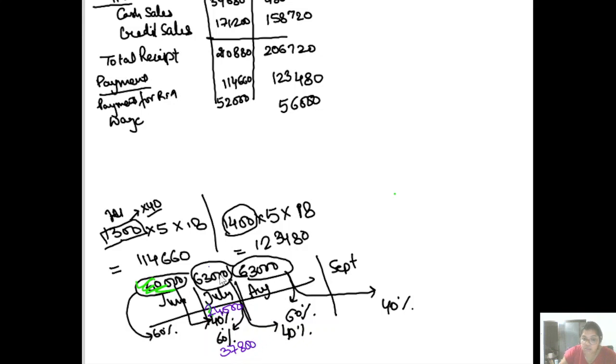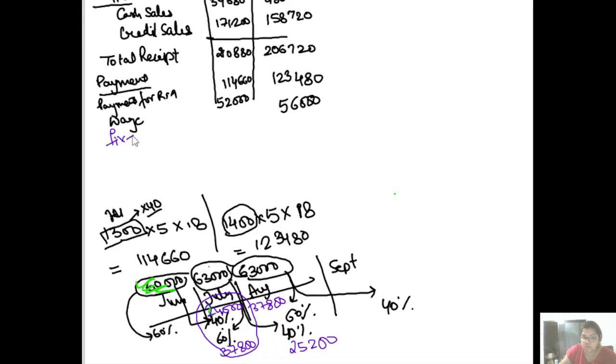Then 40% of 63,000 is 25,200, and 60% of 63,000 is 37,800. Now what you have to do is add these two fixed overheads.